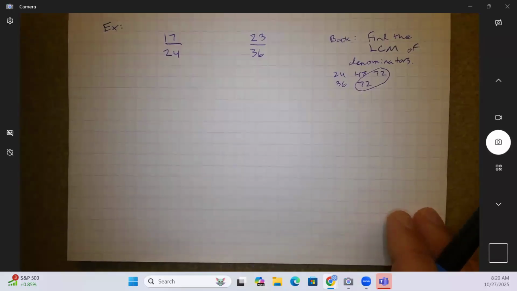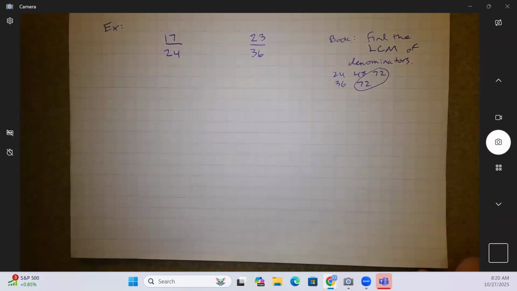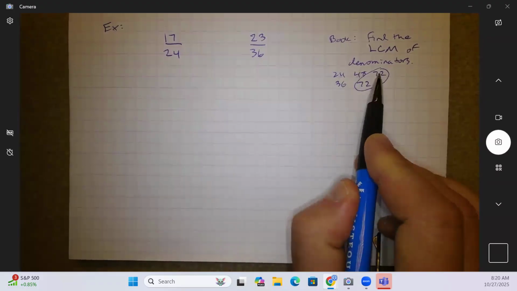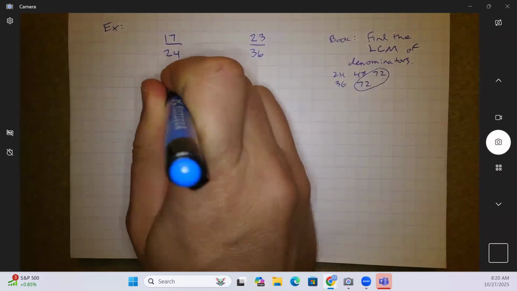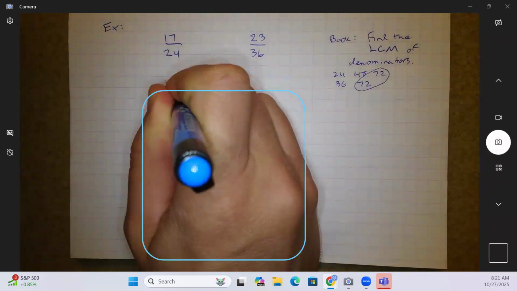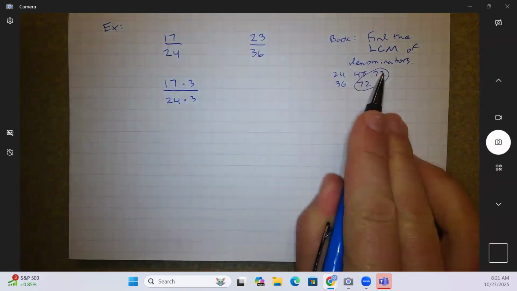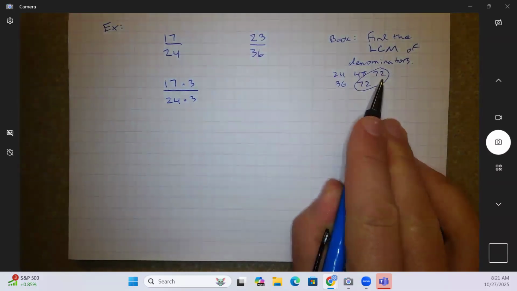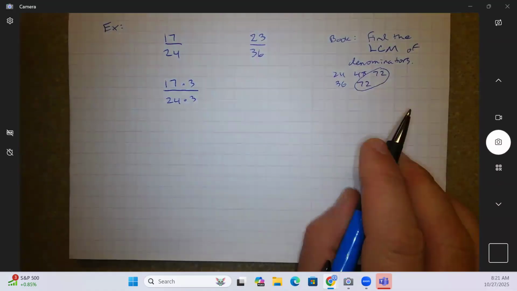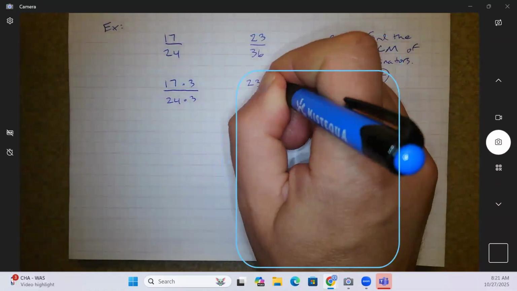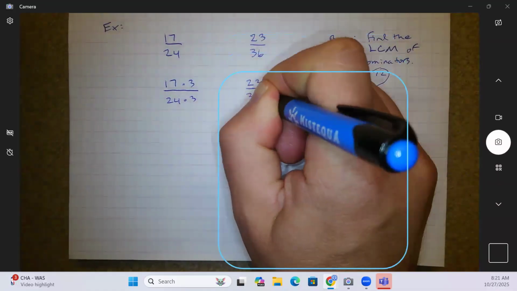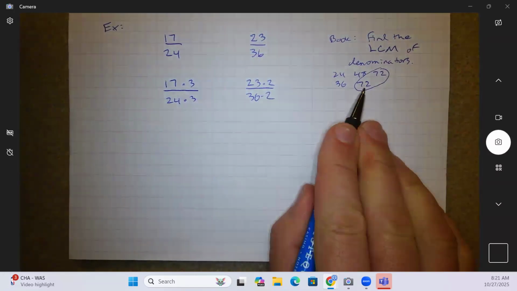And then I'll show it the other way, and then you can pick which way you like better. So 24, to make it into 72, my missing piece is the 3, because it took 3 steps to get to 72. And 36, my missing piece is 2, because it took 2 steps to get to 72.